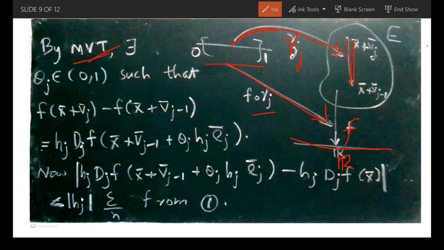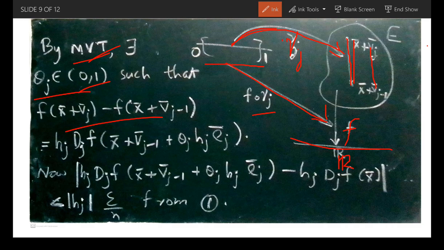For each j you can do this. So there exists a point c in the open interval 0, 1 such that f of x plus vj minus f of x plus vj minus 1 is equal to the distance between these 2 points into the derivative. The mean value theorem says f of b minus f of a equals b minus a into f dash c, where c is a point between 0 and 1. That is precisely what the mean value theorem says.